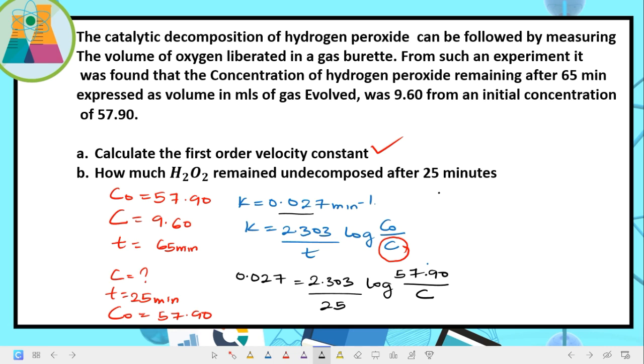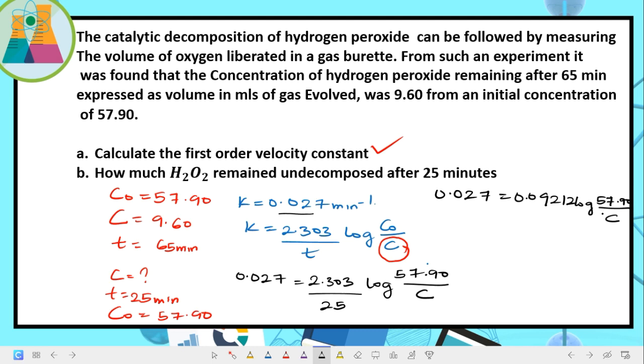Now if you divide that, it's going to give us 0.027 is equal to 0.09212 log 57.90 divided by c.